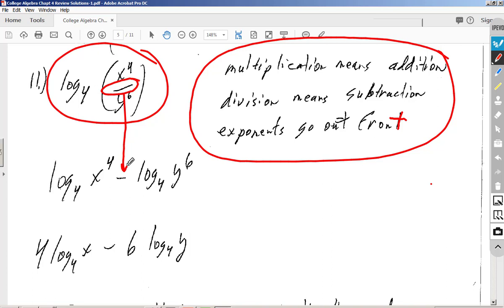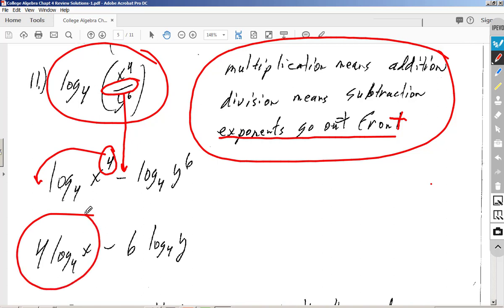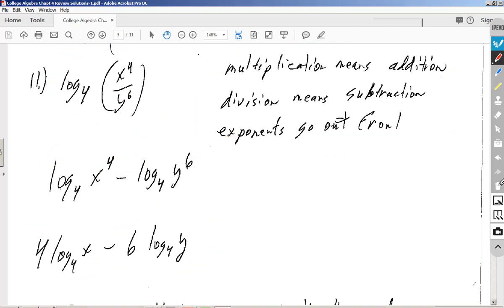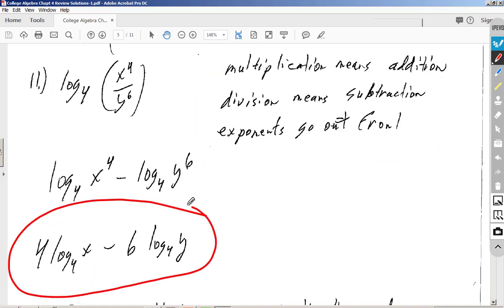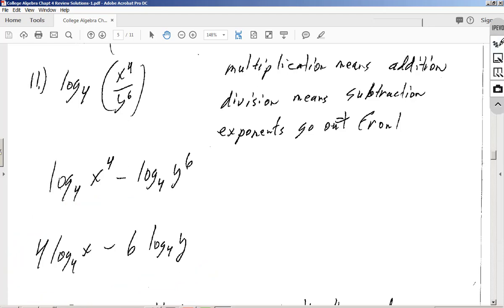Now, following my second rule, exponents go out in front. So here's an exponent I need to put down in front. That's going to give me 4 log base 4 of x. Here's my other exponent, it's going to go out in front. So that's going to be minus 6 log base 4 of y. So that's going to be my answer: 4 log base 4 of x minus 6 log base 4 of y.